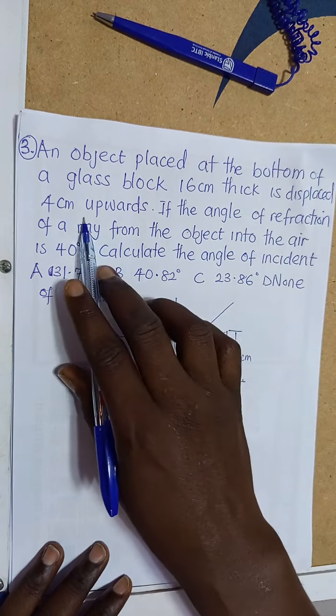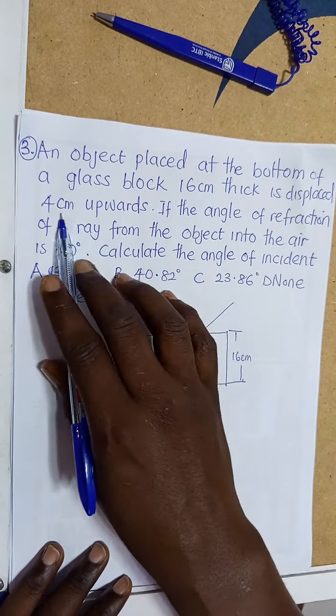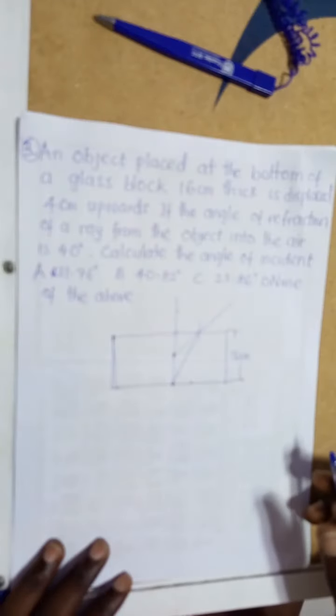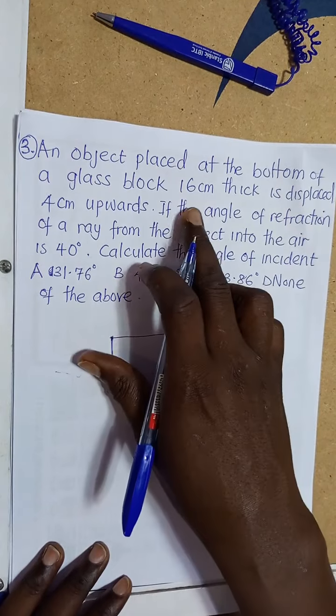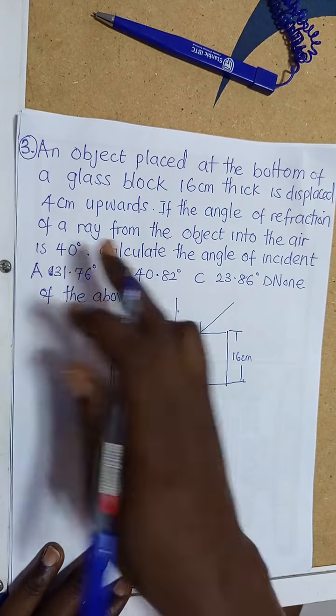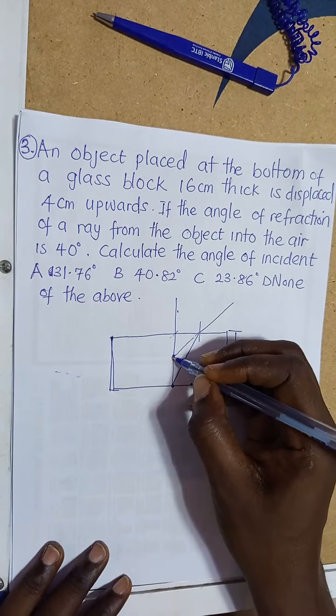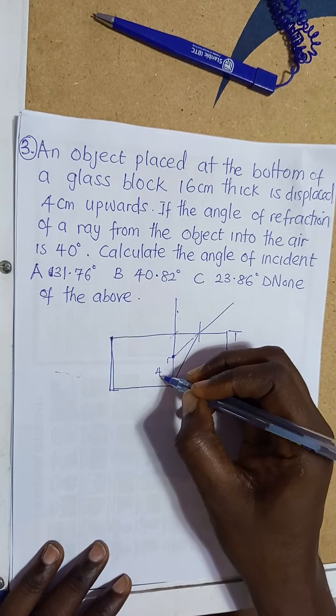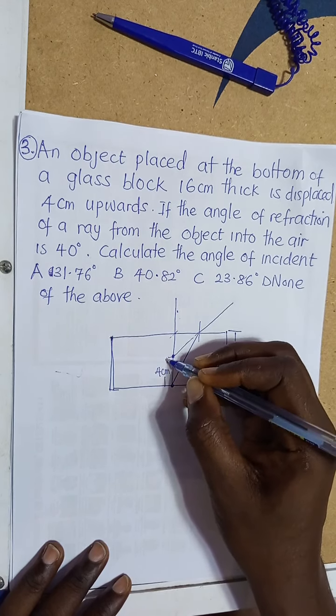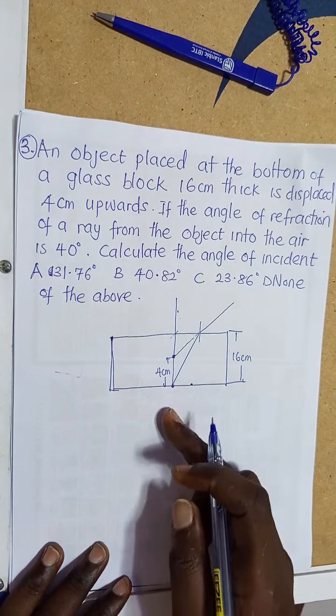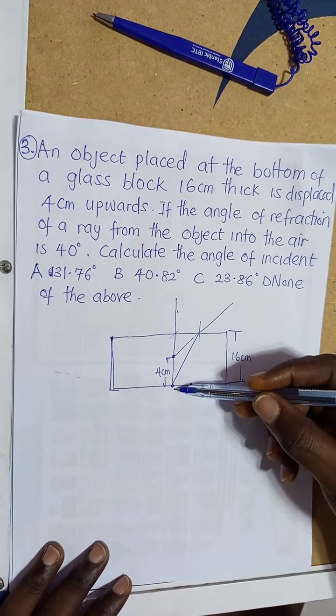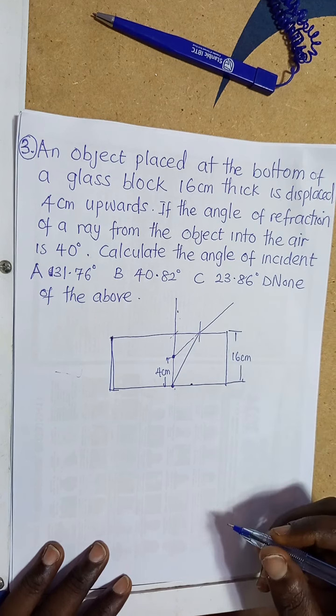They said the glass of 16 centimeter thick is displaced 4 centimeter upward. That means from down, move up 4 centimeter.